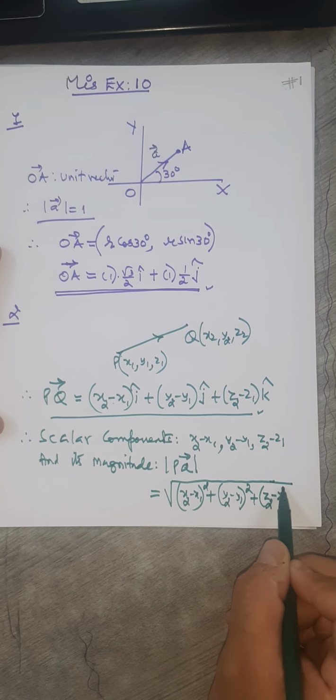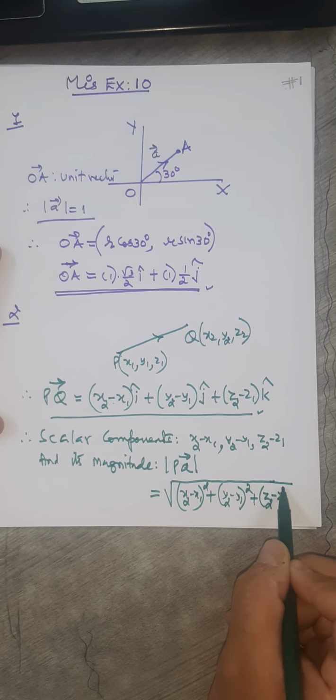Okay. Next question. Question number 6. Find a vector of magnitude 5 units parallel to the resultant of these vectors. We are given two vectors here, vector A and vector B. So what about the resultant vector? It is just the sum of these two, that is vector A plus vector B. So we just add these two.